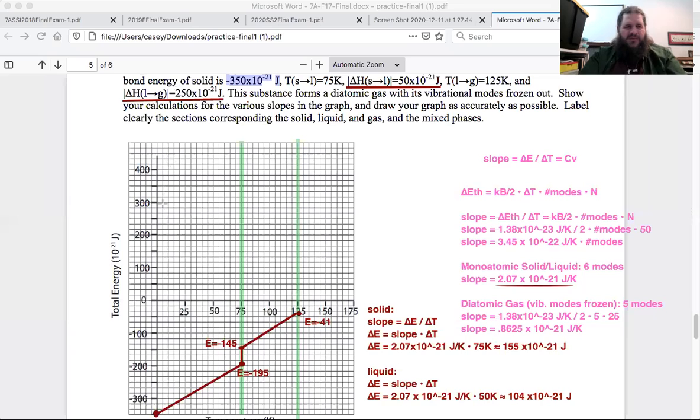And that gets us to 209 joules. So the next stopping point is going to be E equals 209 times 10 to the negative 21 joules. And so we put a point there, 209, somewhere around there. And that's just going to be straight up.